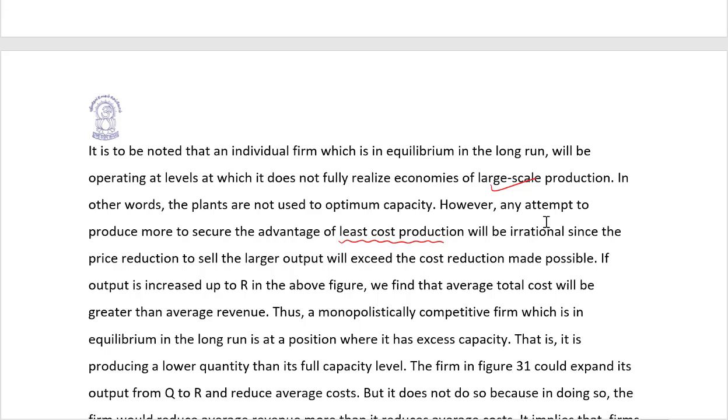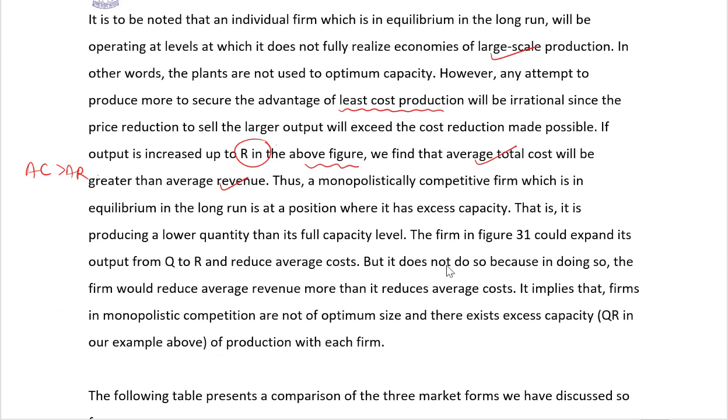And if output is increased up to R in the given figure, we find that the average total cost will be greater than the average revenue. Thus, a monopolistically competitive firm which is in equilibrium in the long run is in a position where it has excess capacity. That is, it is producing a lower quantity than full capacity level.